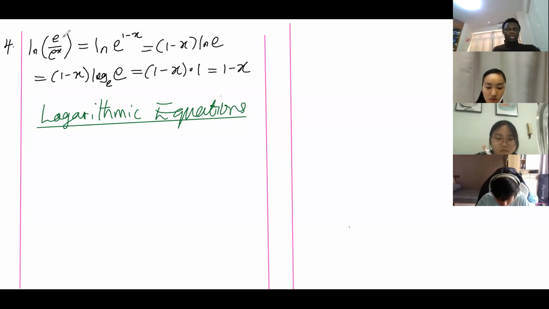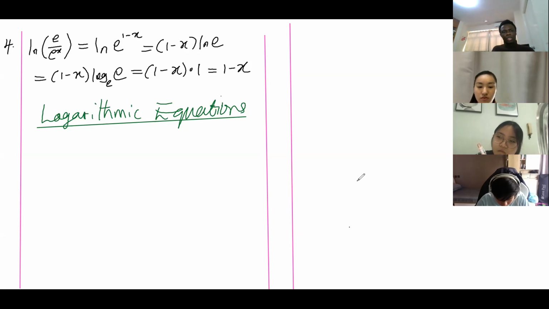So solving equation in logarithm form, you can experience this in 2 different ways: if you have logarithm on both sides, or if you have logarithm on one side.